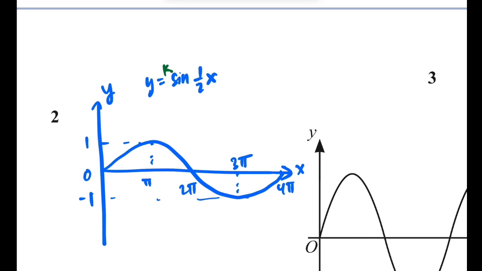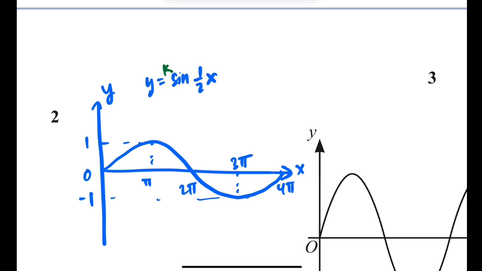Since we don't know the value of k, it can make the y value smaller, or it can actually make the curve higher, like that. So I will just sketch another one, and we assume that it is higher.